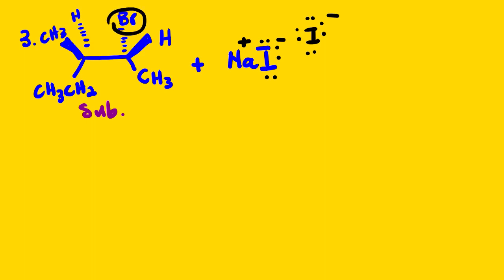So you can see that our leaving group is at the back, so it cannot attack from the back. So what will happen is that Br will leave the substrate. At the same time, our iodide ion will attack from the front.